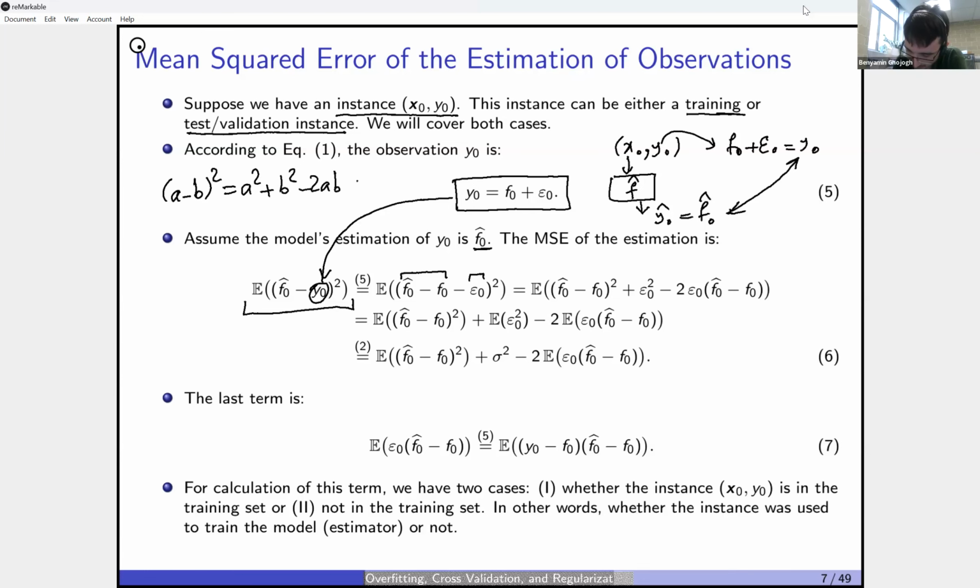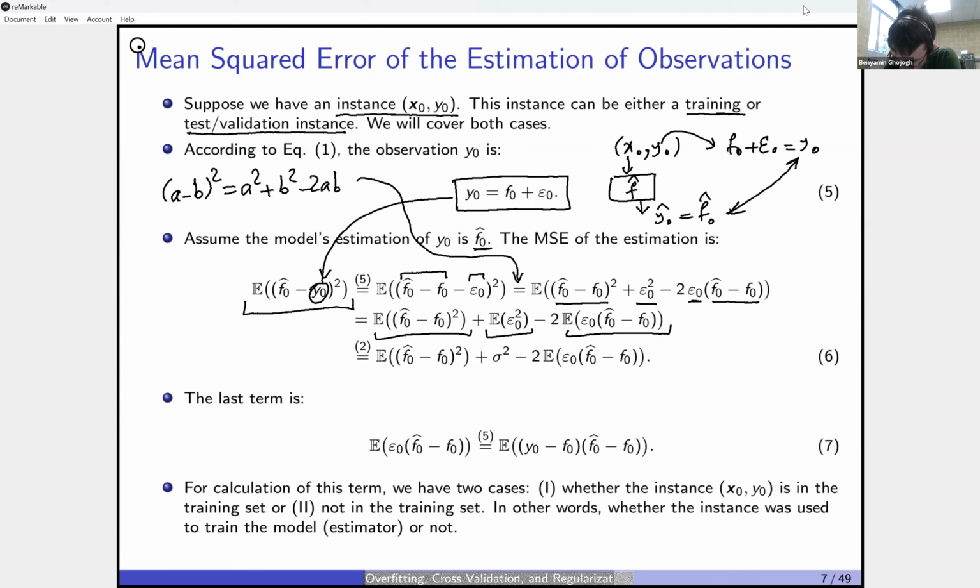So this is exactly what I'm using here. The first term squared, plus the second term squared, minus 2 times the first one times the second one, right? Now we know that expectation is a linear operator. So I can write it as the expectation of the first term plus the expectation of the second term plus the expectation of the third term, right?